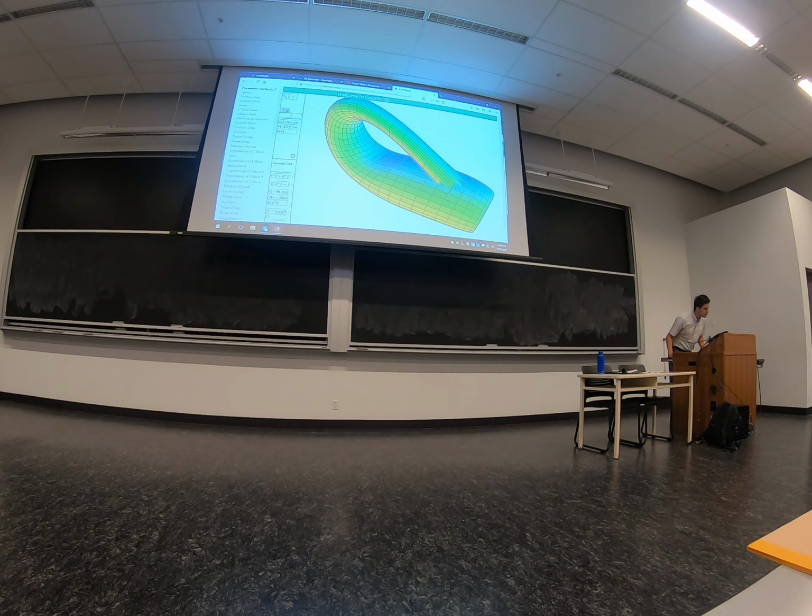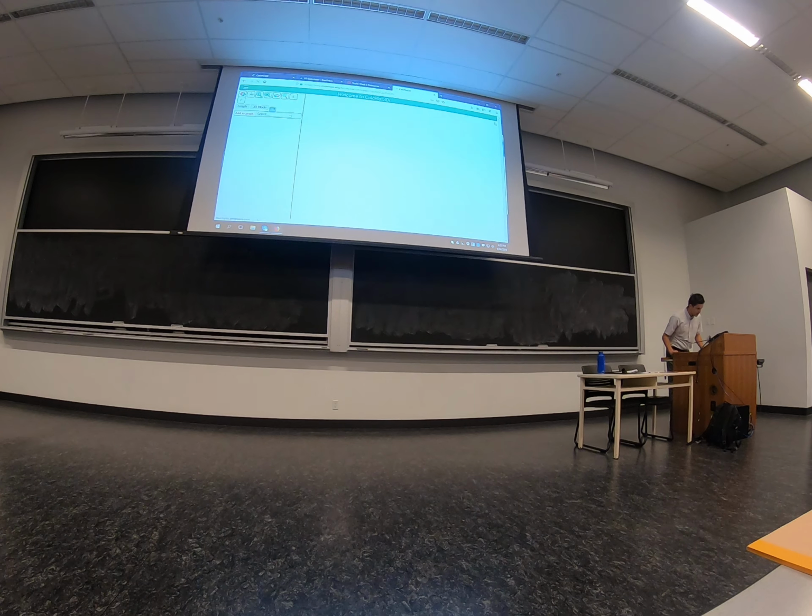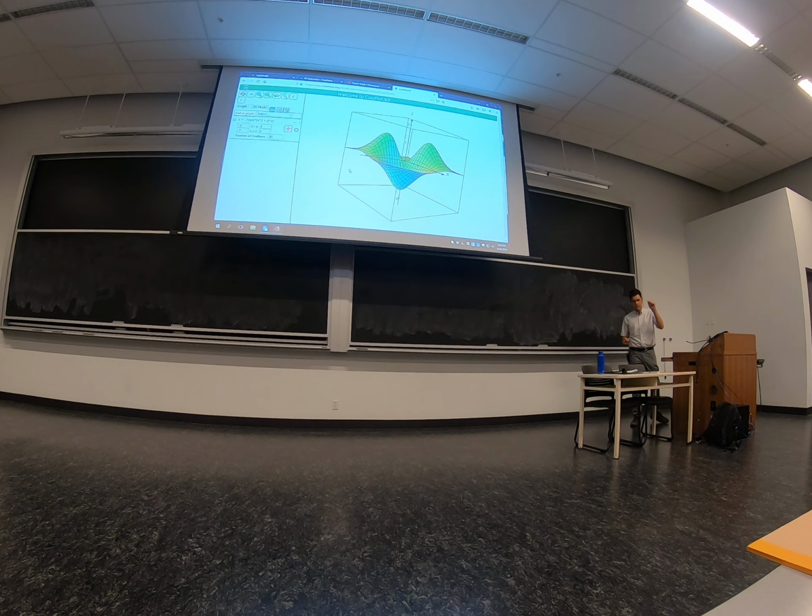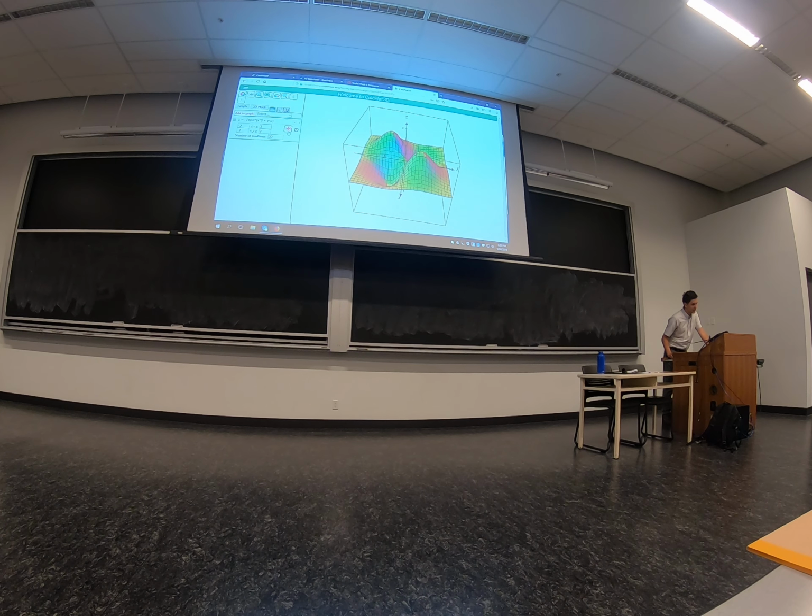Okay, so let's go all the way back to this guy. One of the things that CalcPlot 3D can do that GeoGebra cannot do is level curves. If you've got a surface like this, you can click this red icon here, and it will generate what's called a contour plot.